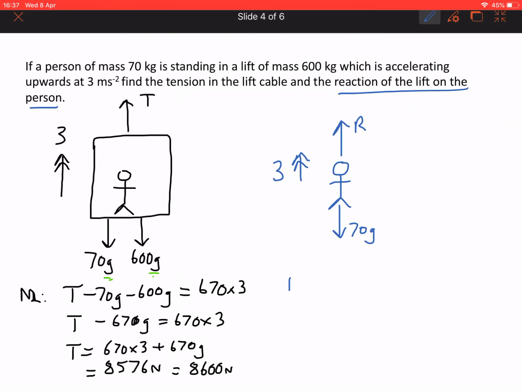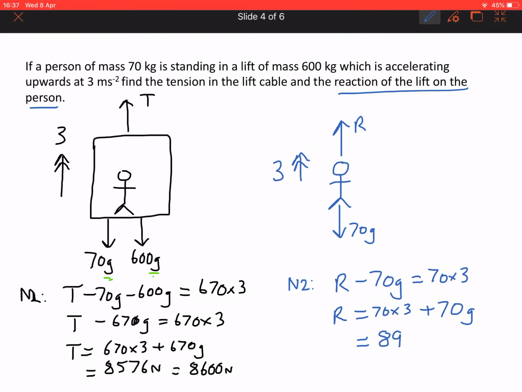So we can use Newton 2 on the person now. The resultant force upwards is R take 70g, and this is the mass, 70, times acceleration, 3. If we rearrange this, R is 70 times 3 plus 70g, and that comes out to be 896 newtons.